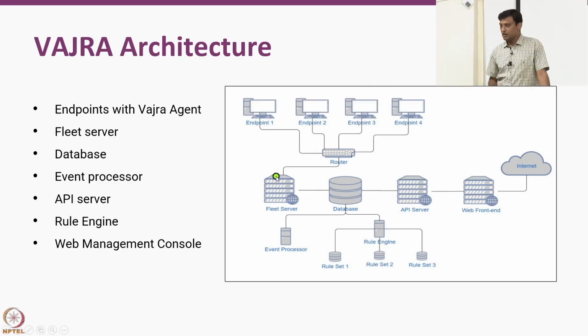Those logs will be humongous. You can't directly search over them. You need to properly index them and put them in a database. And once they are in a database, you need to process them. You need to create the process tree, like which process created which child process, and that entire tree you have to build. And once you have that, now you are ready to apply your rules.